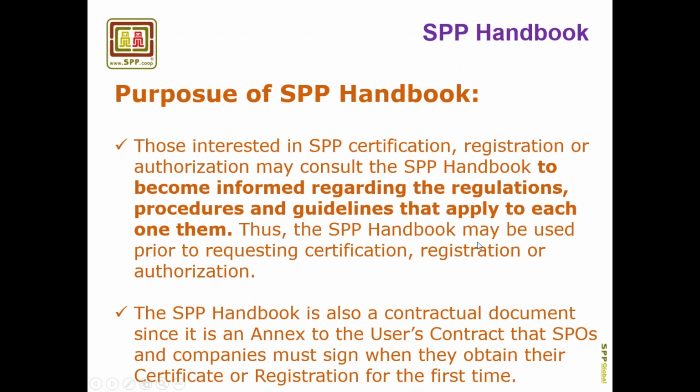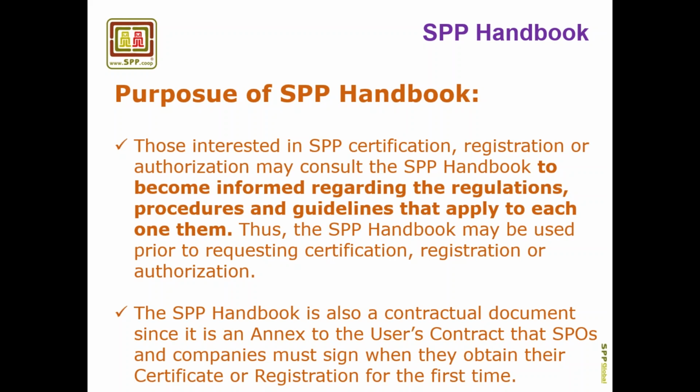Remember, when we reviewed the certification process, the first step is becoming informed. Then the certification entity could send this SPP handbook as an informative document, because it includes all the documents in a summary, and it would be useful as an informative document.